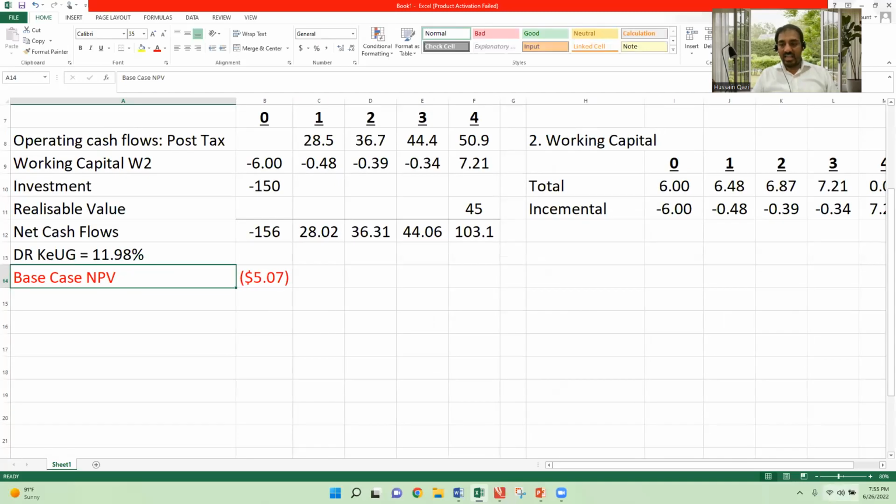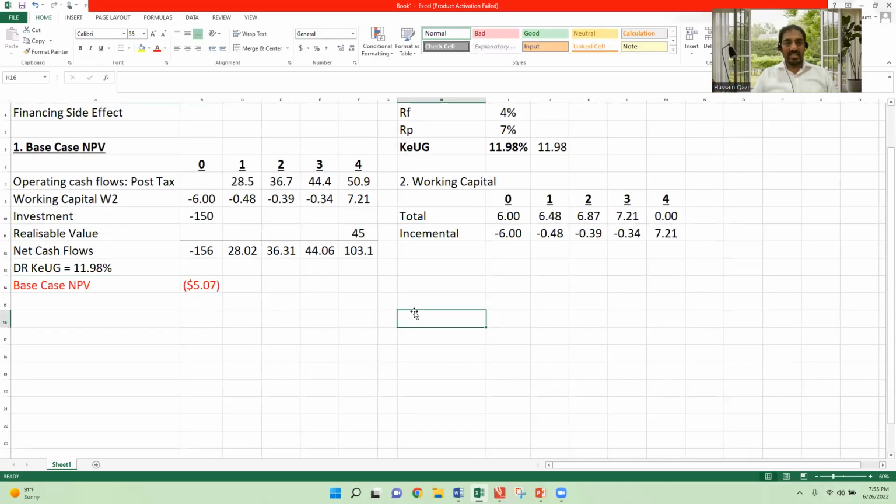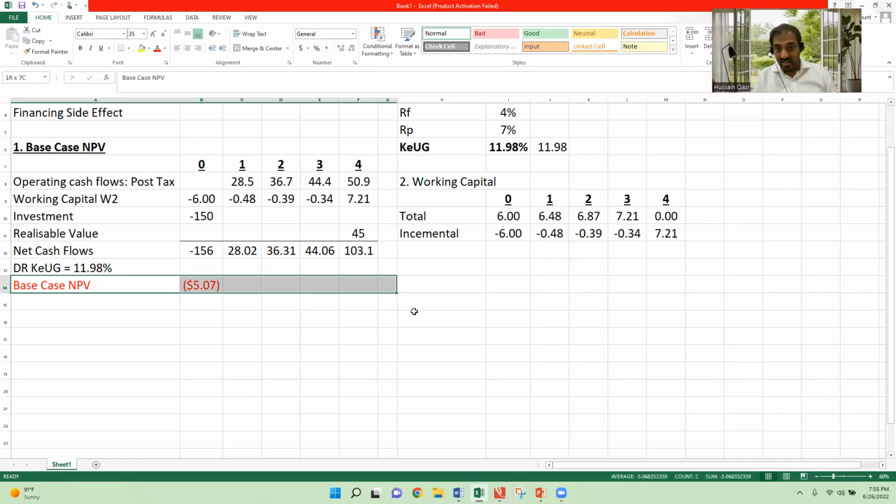Do remember the very important point: in the exam, with the professional marks, use shortcuts and spreadsheet functions, using this function to calculate the base case NPV. It's a part of the professional marks. Professional marks include the usage of spreadsheet functions smartly.